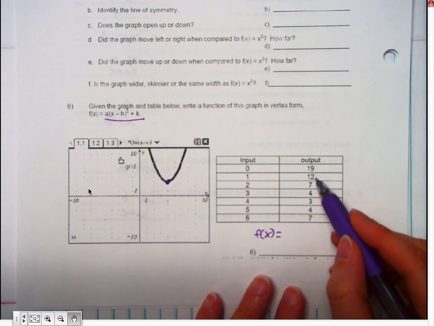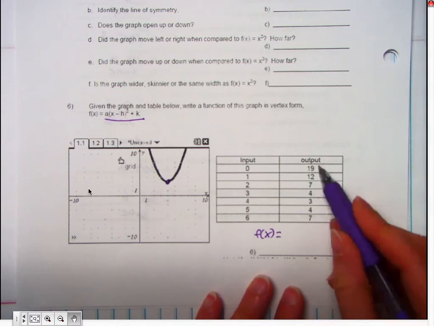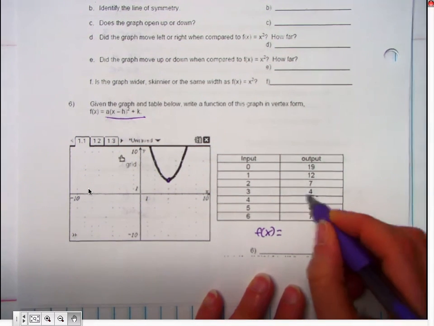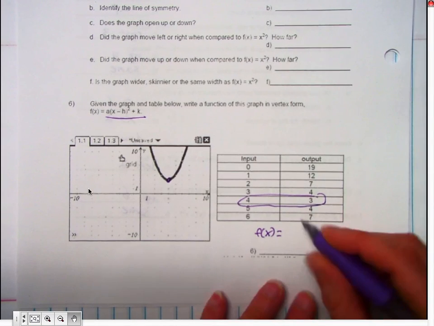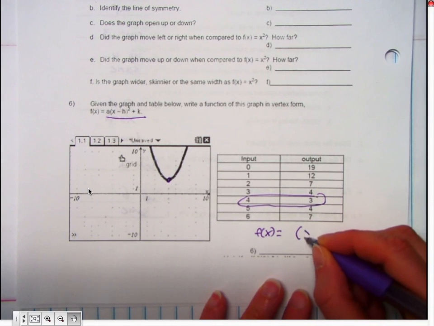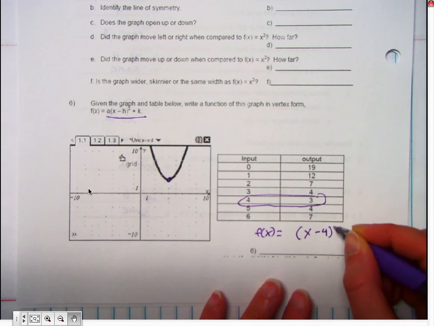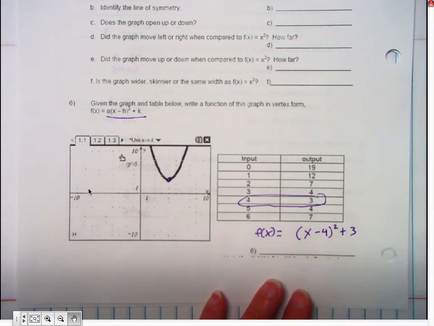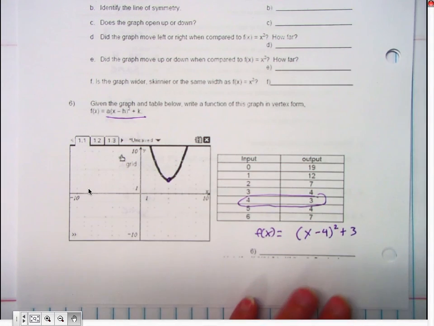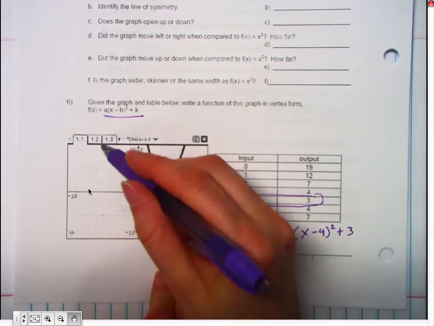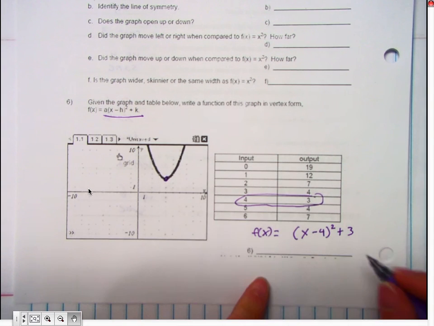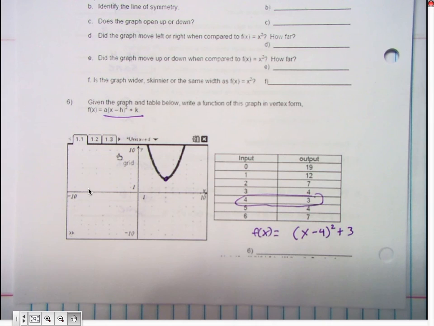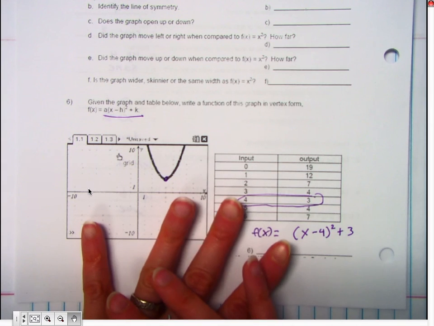So where did I start to repeat? 4 and 3. 4 and 3, right? So I think it's going to be x minus 4 squared plus 3. And then I've got to decide, does this look wider or skinnier than x squared? I think it's the same, so I'm just going to leave it like that. This is just your idea.